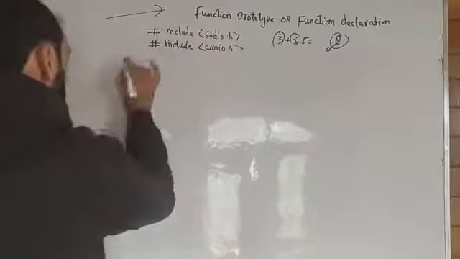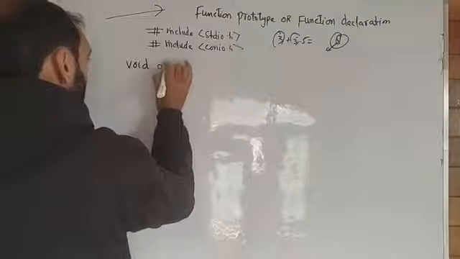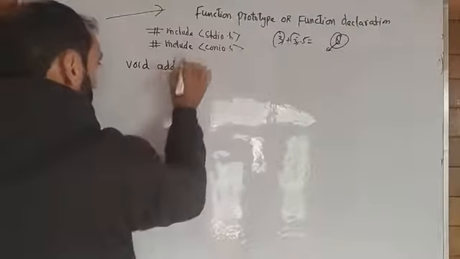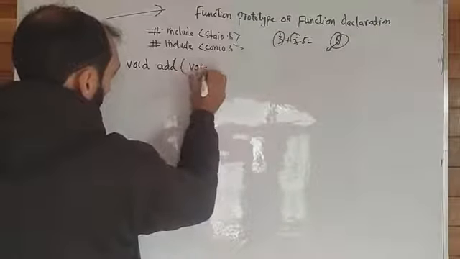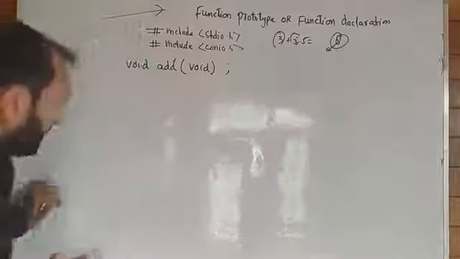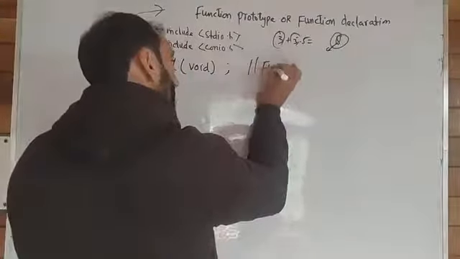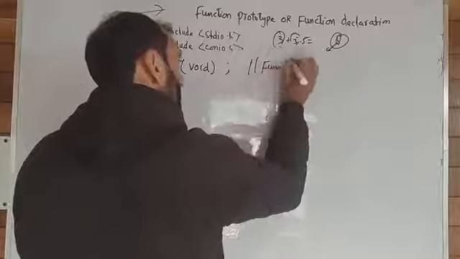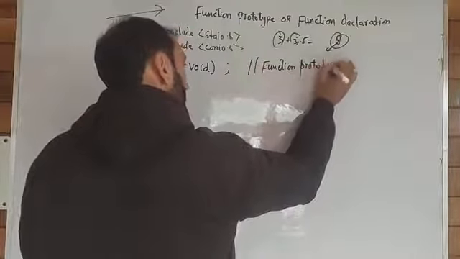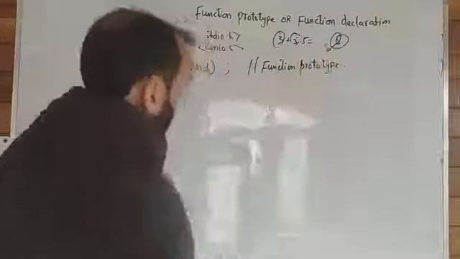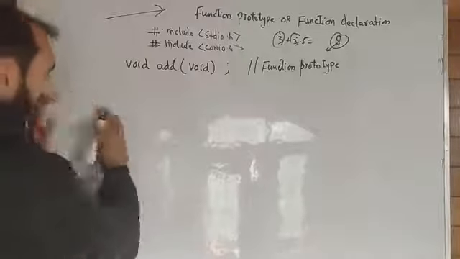That means void, the name of the function is add, and with no argument I can also write void. This is a function prototype, or we can say function declaration.